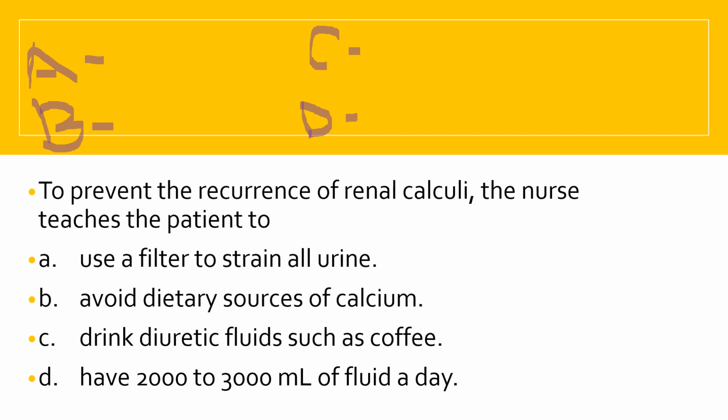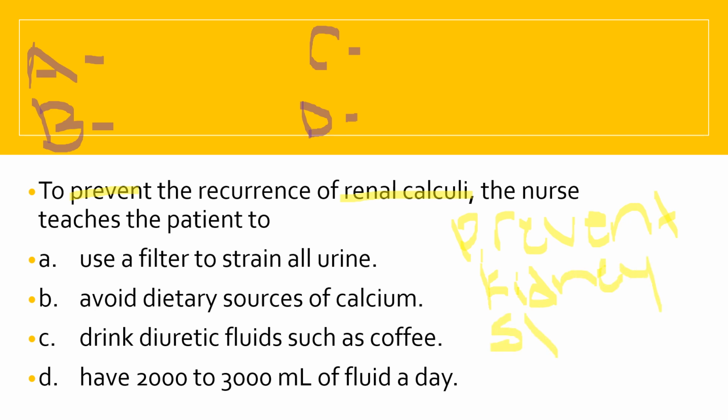Okay. So we're going to go to the question and say we are trying to prevent renal calculi. So what are we going to do to prevent kidney stones? So we're going to write that down. Prevent kidney stones. Okay?